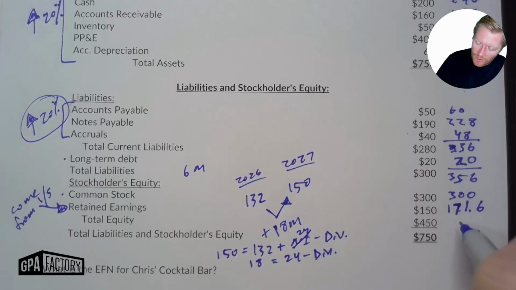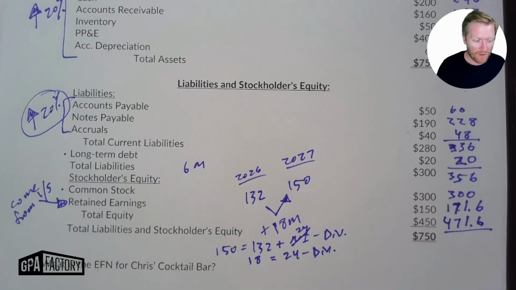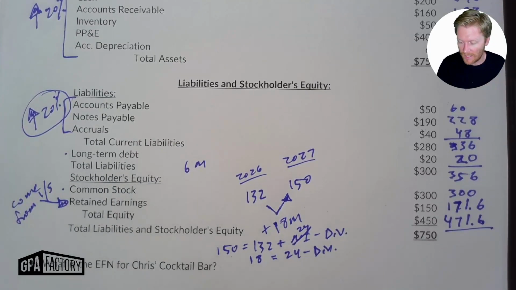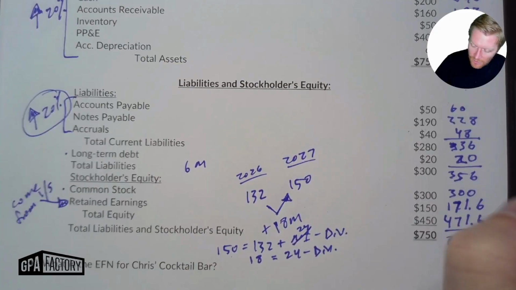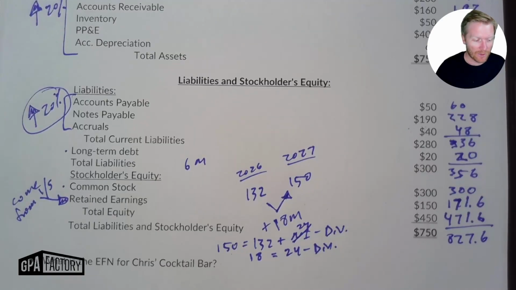So we've got total equity of 471.6. Then total liabilities and equity, 356 plus 471.6, is 827.6 million. And it's asking, what is the EFN?